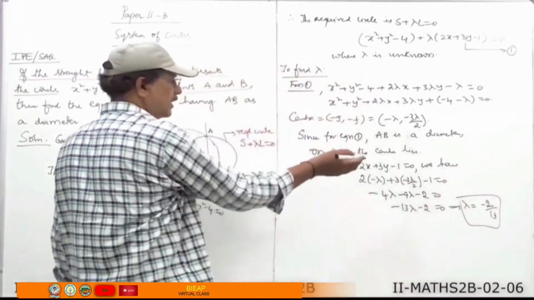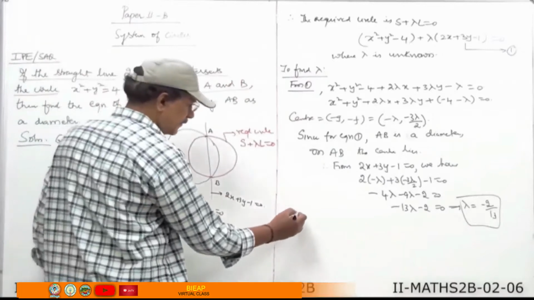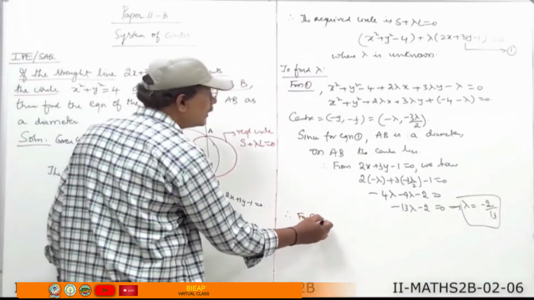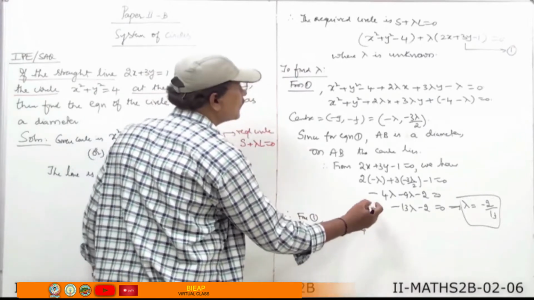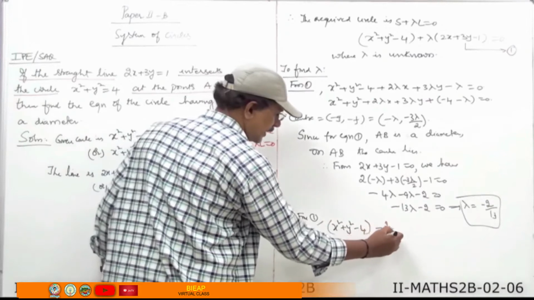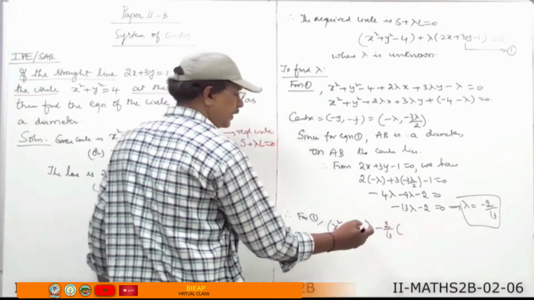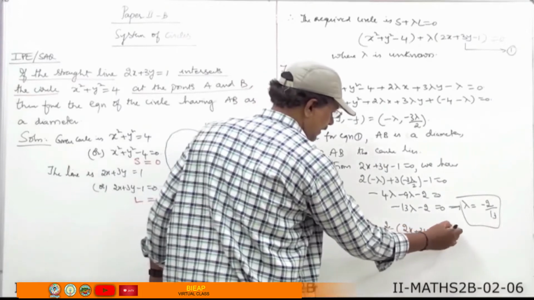So we got the lambda value. Substitute the lambda value in 1. Therefore, from 1, x square plus y square minus 4 plus lambda, that is minus 2 by 13, into 2x plus 3y minus 1 equal to 0.